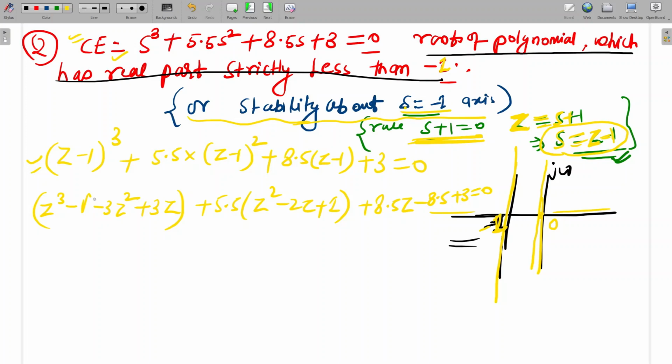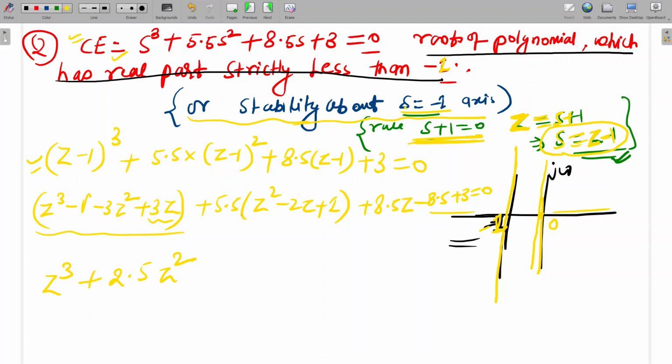So the z cube I am taking first. So z cube will be there. What is the coefficient of z square? Can anyone tell? So z square: 5.5 minus 3, that will be 2.5, correct? Plus 2.5 z square. What will be the coefficient of z?